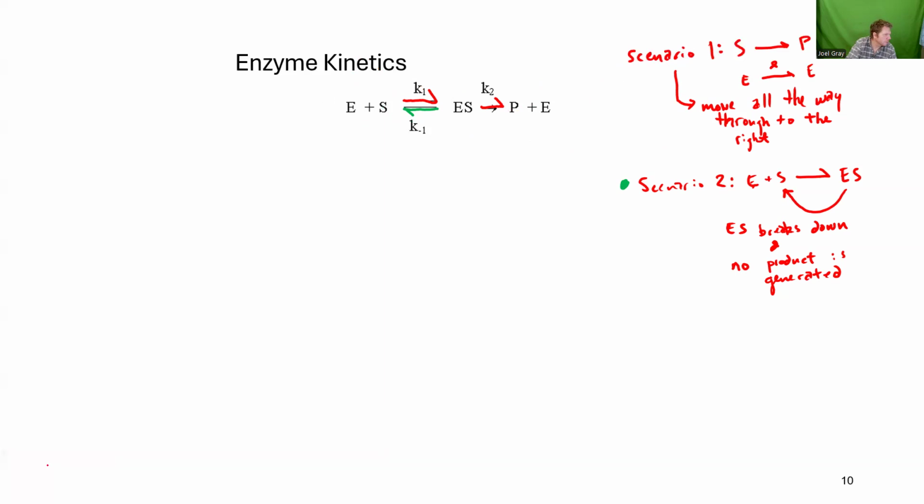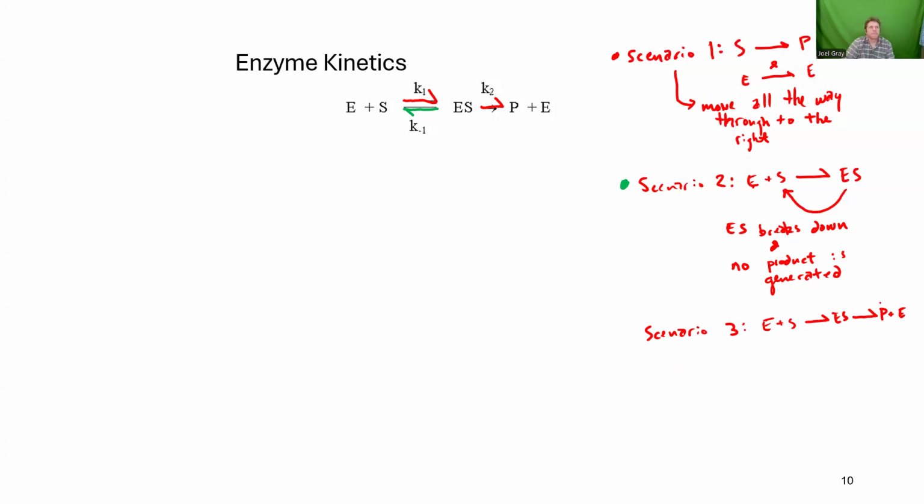Now, the least likely scenario, but I'll bring it up, is scenario three. Scenario three is where E plus S forms ES, and then P plus E are formed.